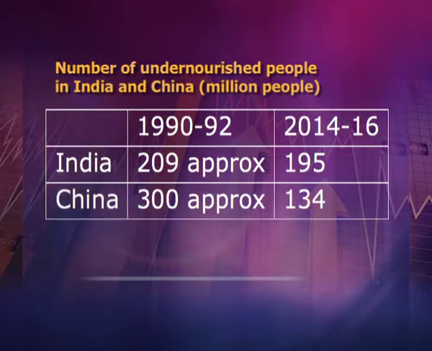In China, in the period between 1990 and 92, there were approximately 300 million people who were undernourished, while this figure drastically reduced to 134 million people in the period between 2014-16. Thus, there is a relatively lesser reduction in undernourishment in India between the periods 1990-92 to 2014-16 as compared to China. Hence, we must ask, why is it so?